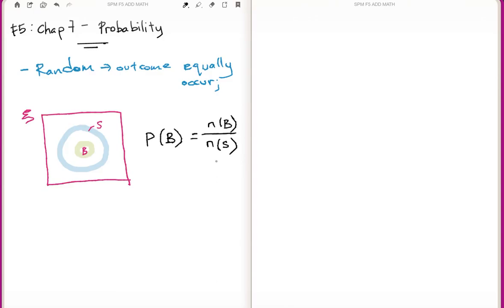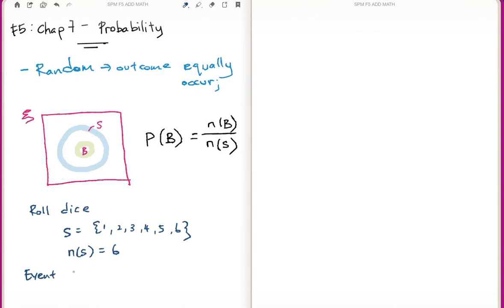Let me give you an example. I'm sure you can understand what that means. Say you want to roll a dice, and you are asked to find the possibility of getting an even number, 2, 4, 6. To start with, first you list out the possible outcomes for the sample size. The sample is 1, 2, 3, 4, 5, 6, so the size of the sample is 6.